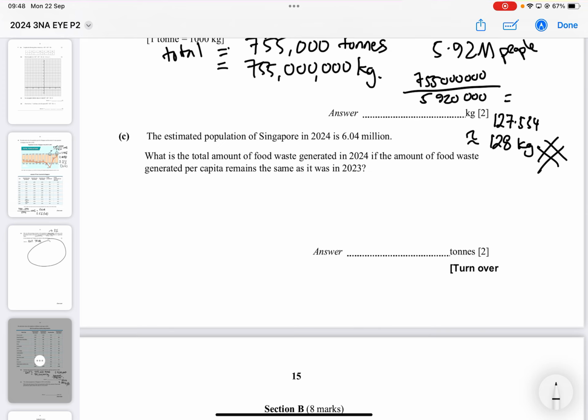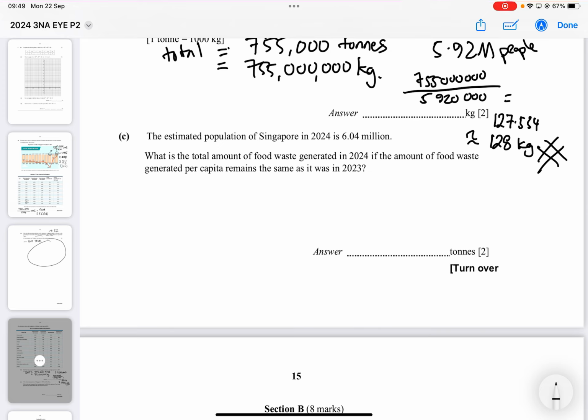That means each person still create 128 kg of waste. Then now 2024, this is the new population. So they want you to take 6.04 multiply by this one, each person how much. Then you will be able to project what will be the total amount of food waste.